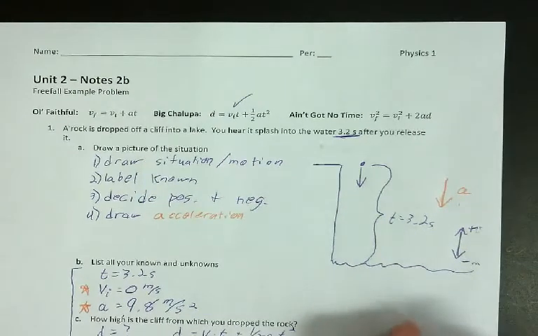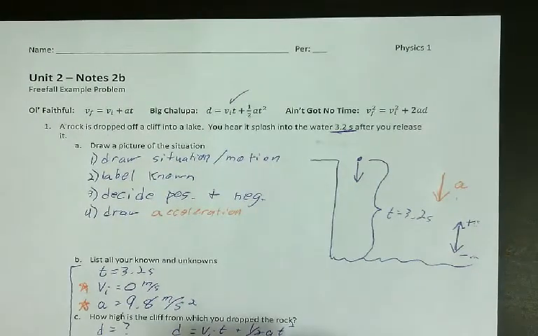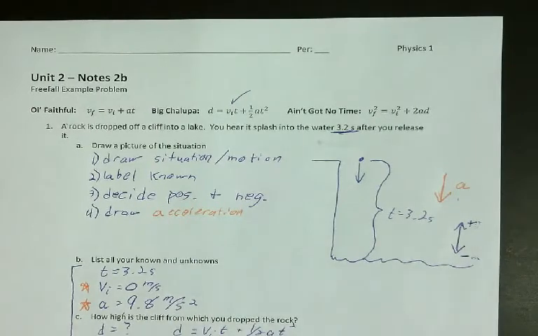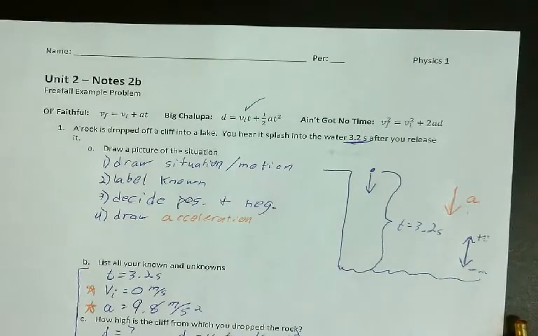Okay, and then 3.2 squared. So 0 times anything is 0, so this goes away. 3.2 squared is 10.24 times negative 9.8 is negative 81.92 times 0.5.